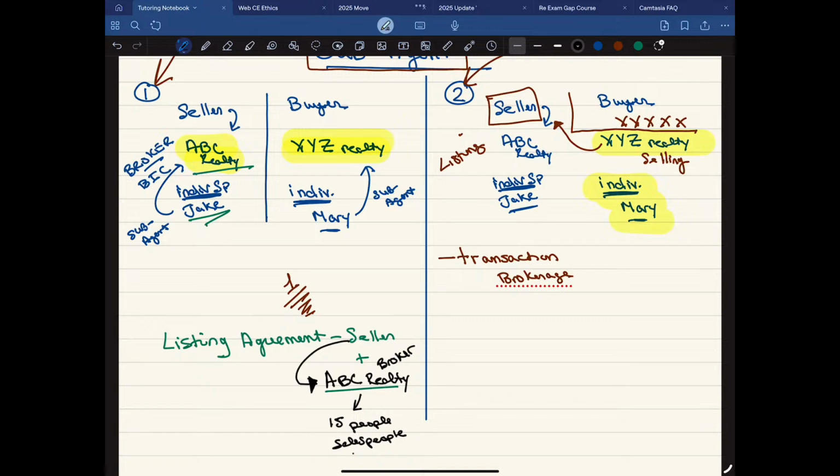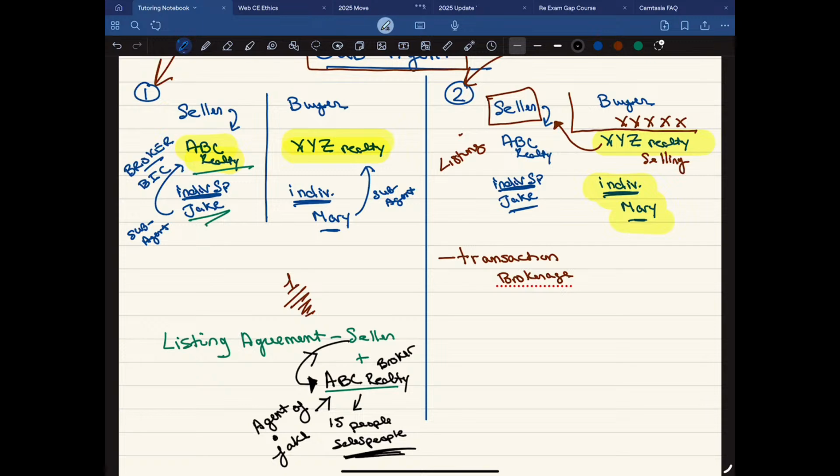If they're working with a salesperson, which in this case was Jake, Jake is an agent of ABC Realty, and ABC Realty is an agent of the seller. So Jake is a sub-agent.